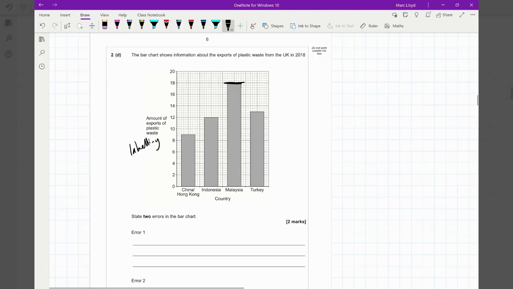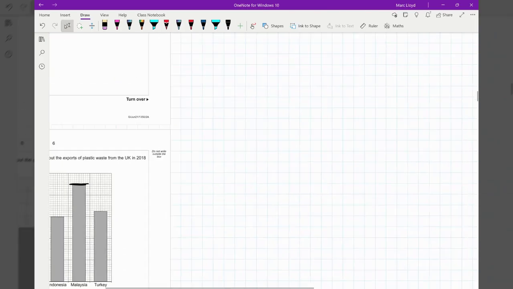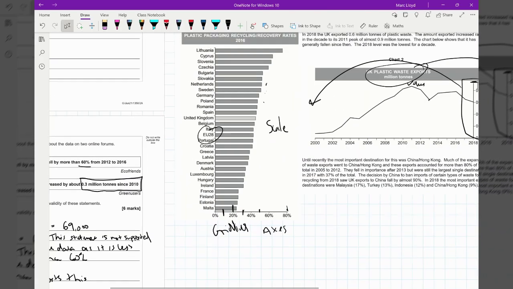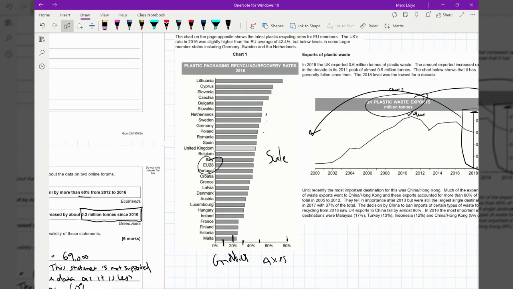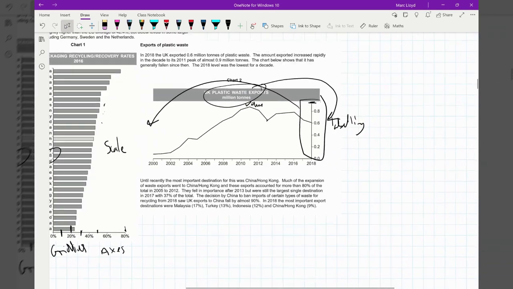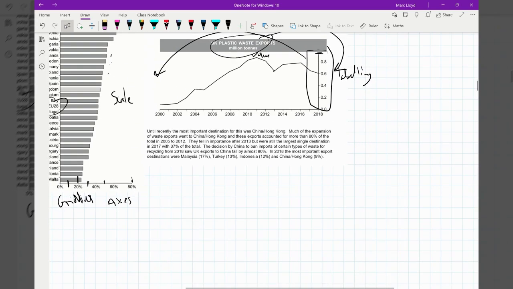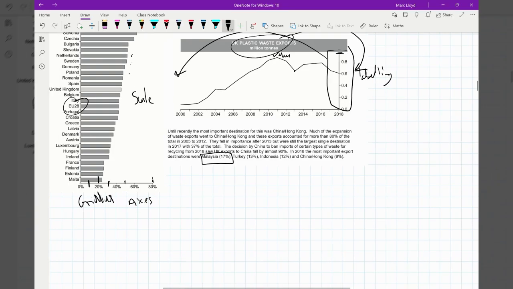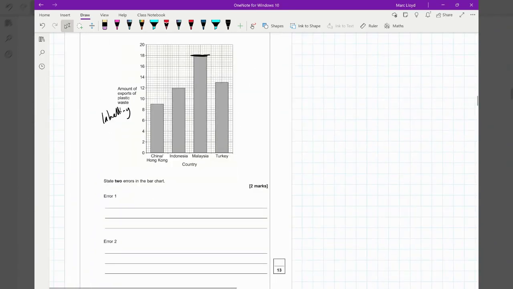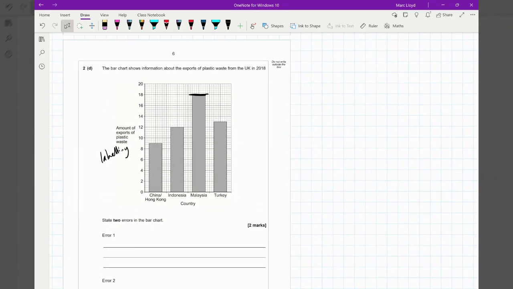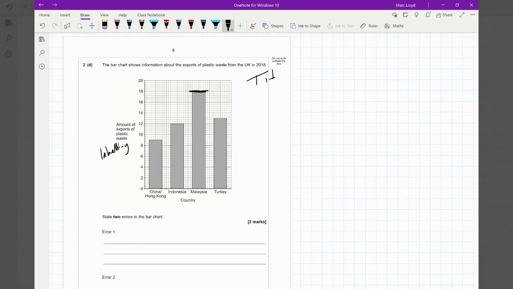That goes up to 18, and I don't know what the units are. I wonder where they've got that data from. Up here, look, it's in here. So Malaysia is actually 17%. So these bits of data that put into that bar chart, one of them's not right. Shocker. Sack them. There's no title for the graph, so it's lacking a title.